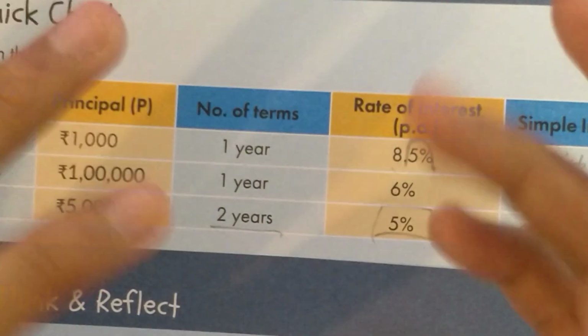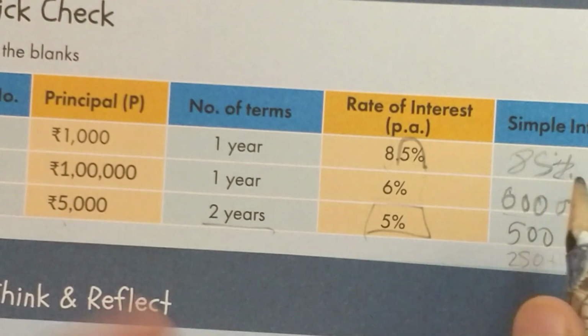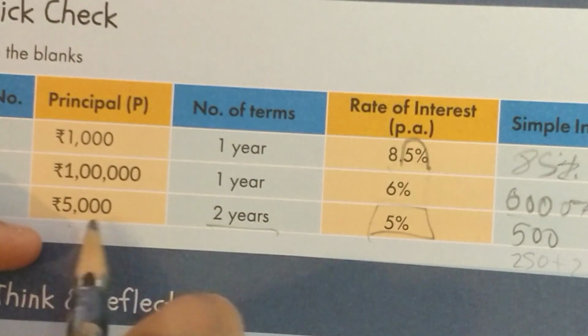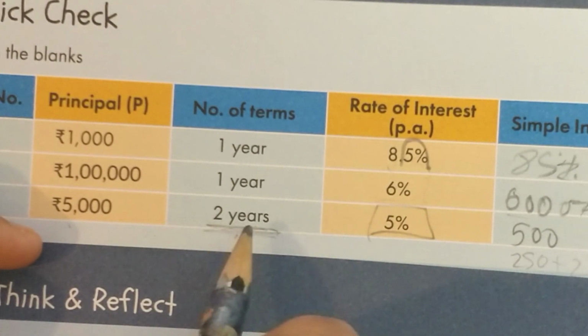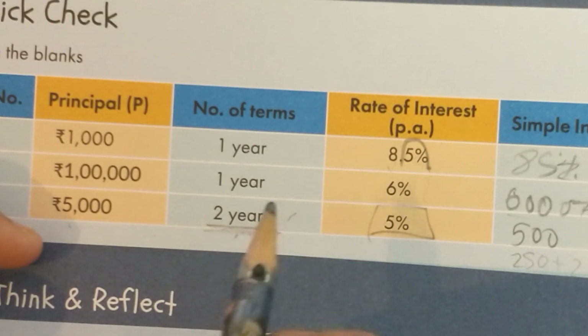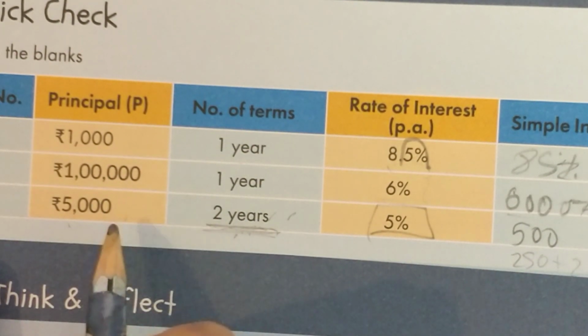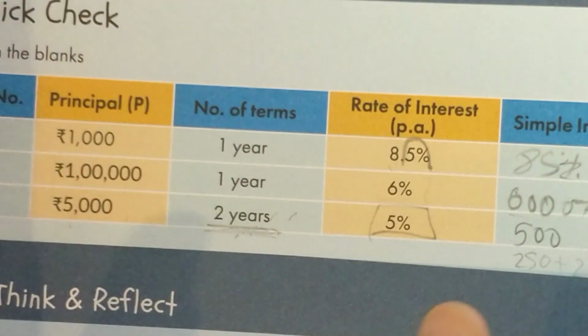I just learned it that way, and it's 6000 as it's 1 lakh. And now moving down, it's 5000, and it's 2 years. See this point, it's 2 years, so it's going to be double the amount of 1 year. Okay, I was just kidding. That's not the right way to do it.